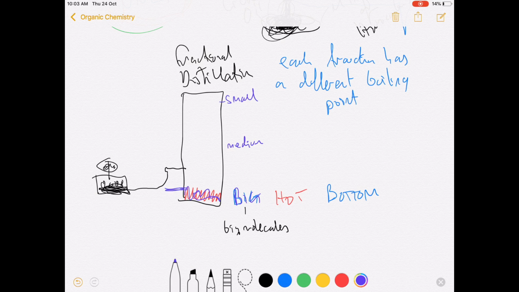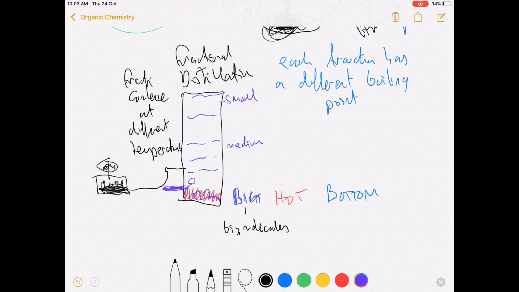The crude oil is pumped into here, and it evaporates 1, 2, 3, 4, 5, and then at different levels it will condense at different temperatures. So different fractions will condense at different temperatures.